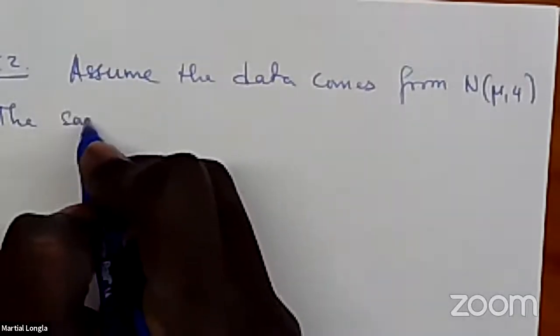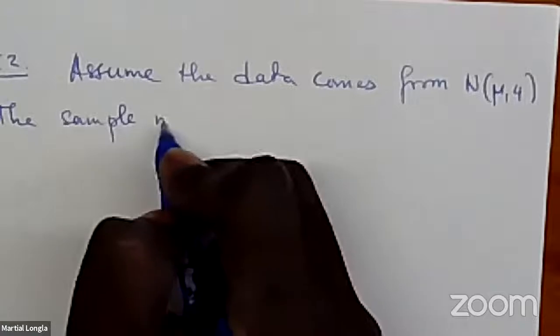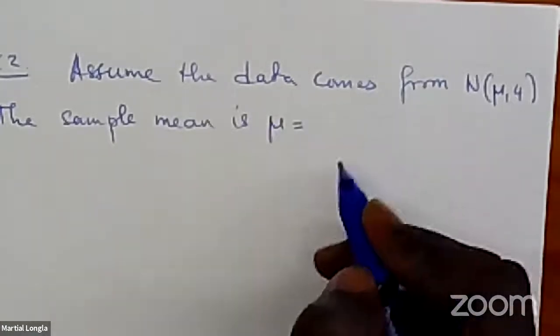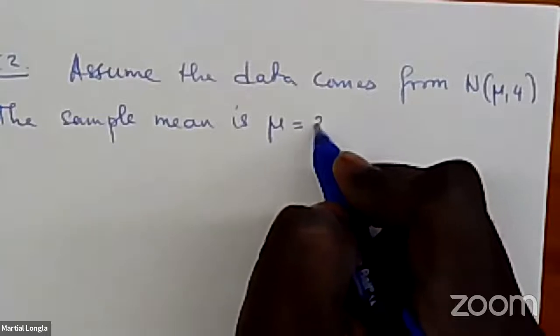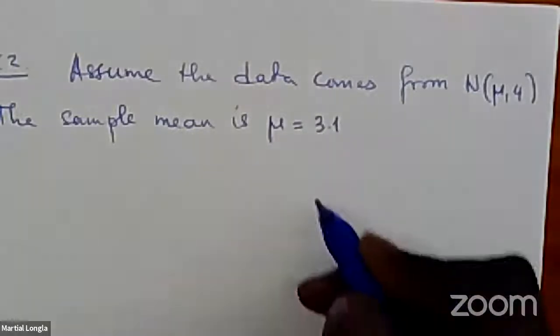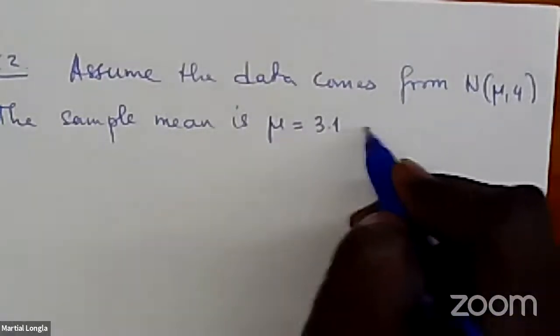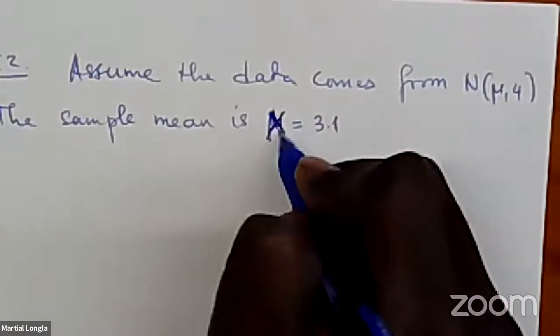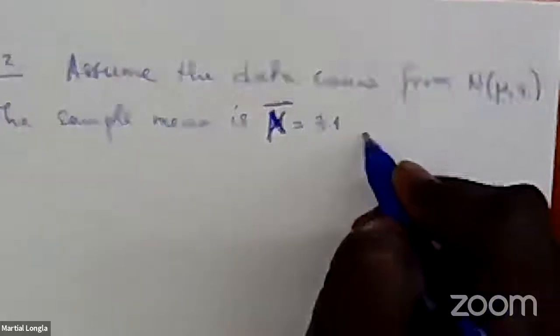The sample mean is mu equals 3.1. Sorry, sample mean is x bar, right?